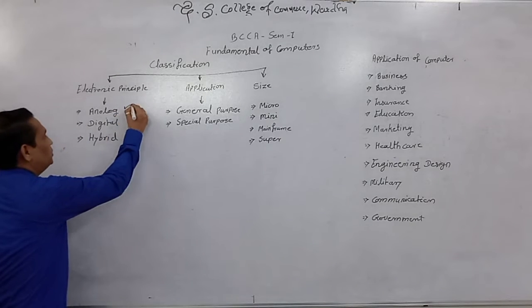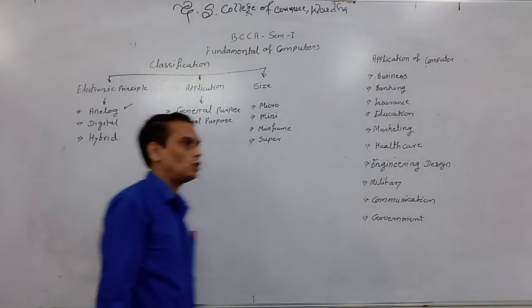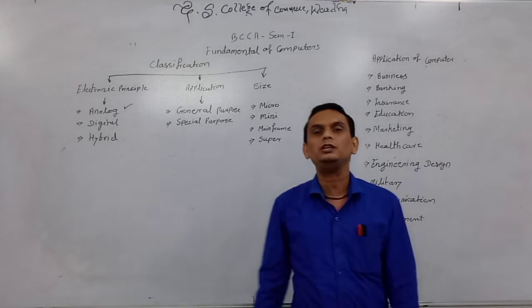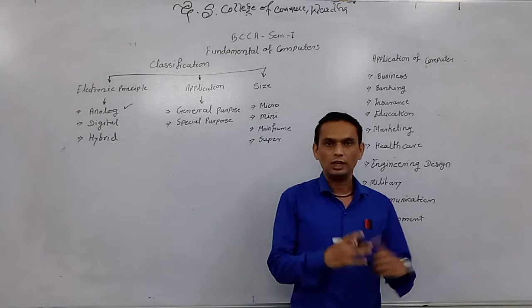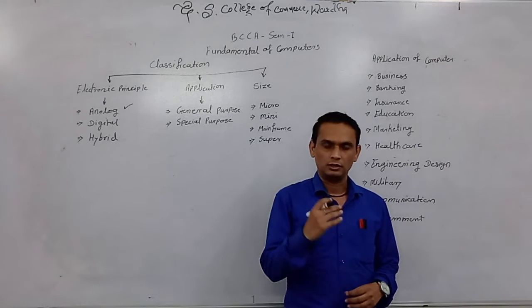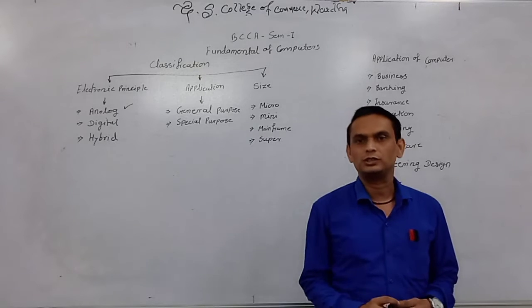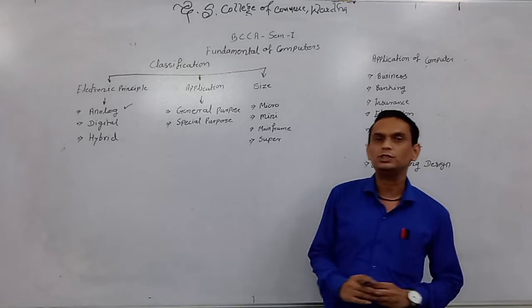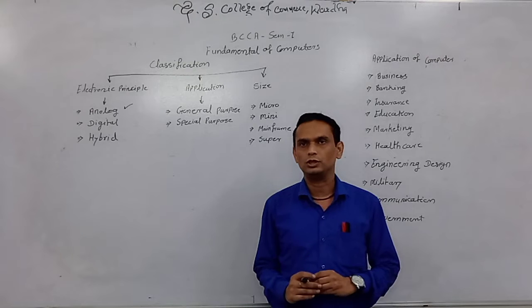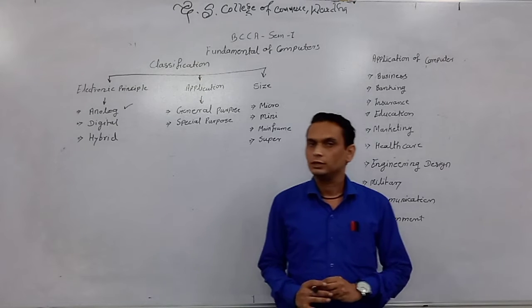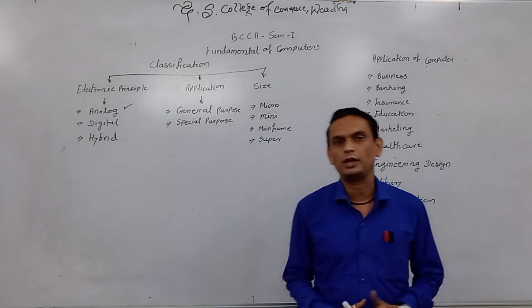Analog computers are those computers which work on measuring inputs, just like liquid or measuring earthquakes or any type of values which are provided by the user or any environment. This computer also works on input and output.